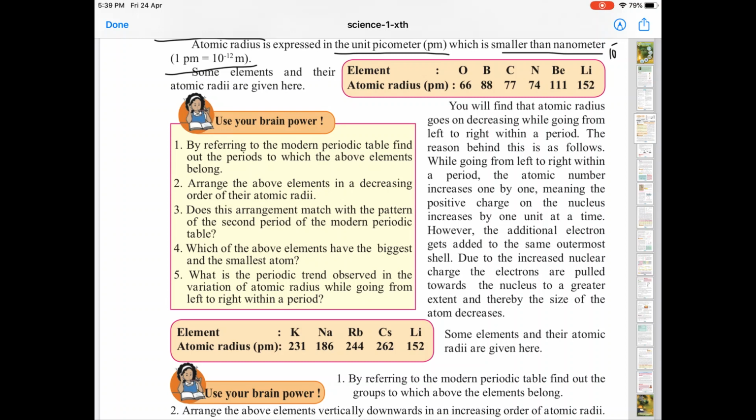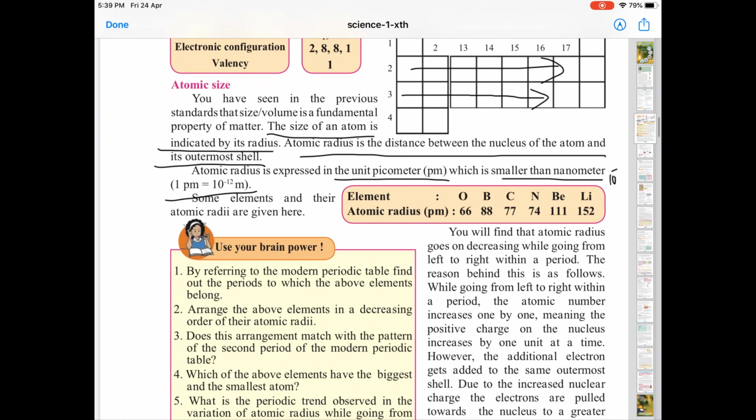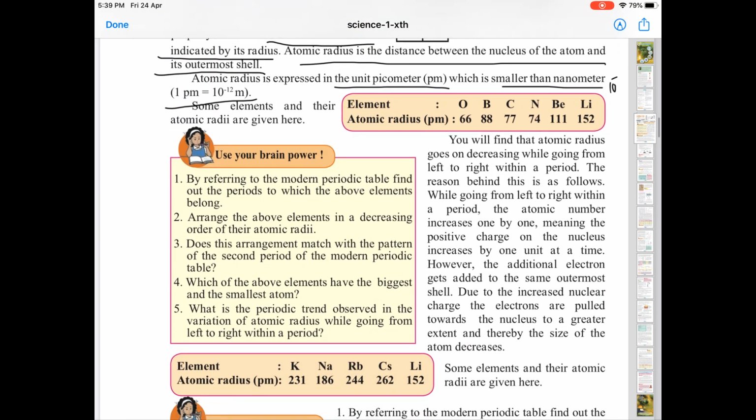So how will you write this answer? So you will start the answer by writing the size of an atom is indicated by its radius. The atomic radius is the distance between the nucleus of an atom and its outermost shell.